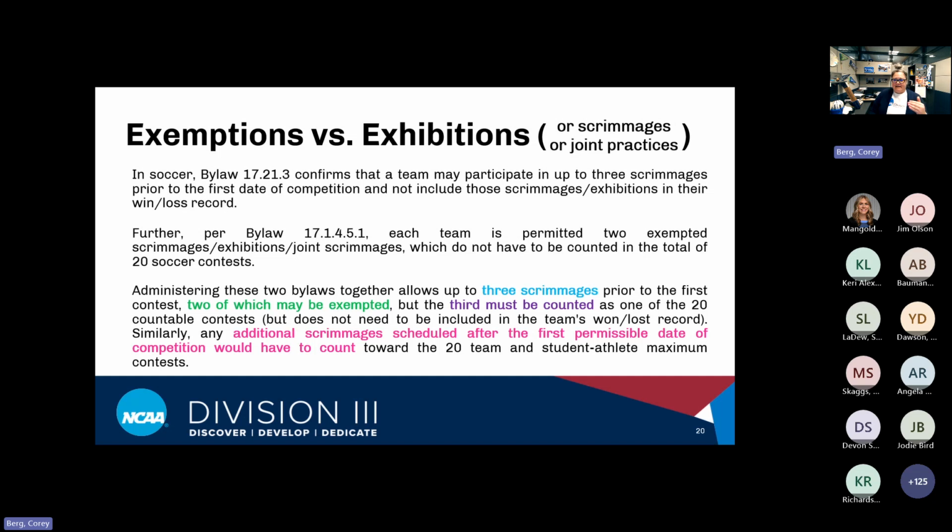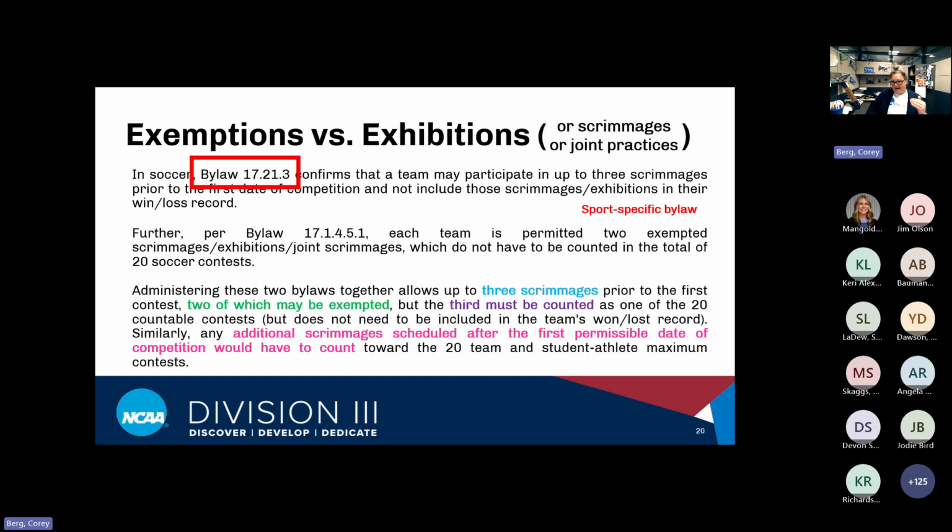So it's going to start by saying, you're right. The soccer bylaw says that your team can participate in up to 3 scrimmages or joint practices or exhibitions before your first permitted date of competition, and those scrimmages or those exhibitions don't have to count in your team's win-loss record. That is your sport-specific bylaw.